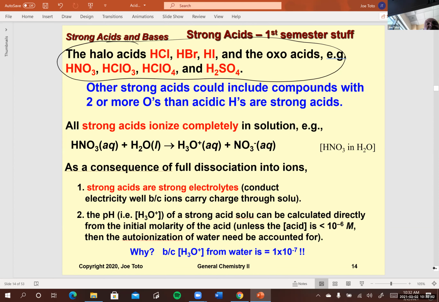There's other strong acids, and your book gives examples of how to recognize those, but we're going to take the simple way out and just say, if it's one of these 7 strong acids, then you can use limiting reagent techniques. If it's another acid not on this list, then you can assume that it's weak and comes to equilibrium. Okay.